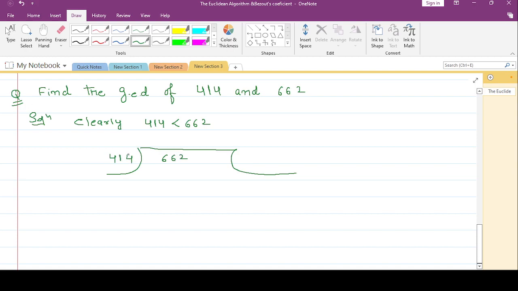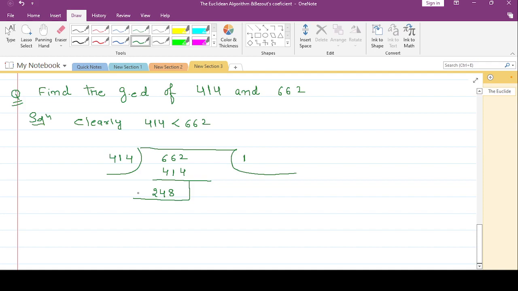Okay. So 414 into 1 is 414. What is the remainder here? Once you subtract 414 from 662, you get the remainder as 248. Okay.